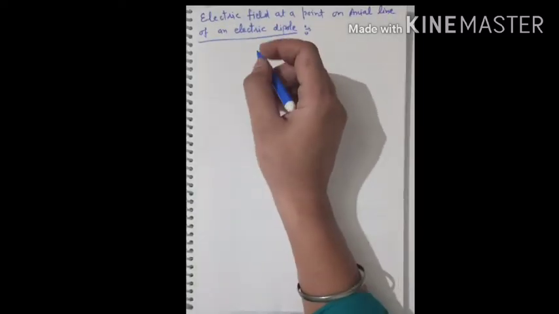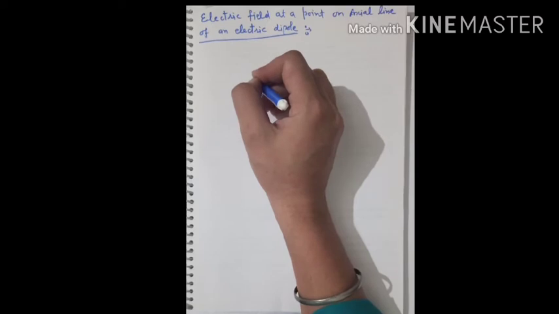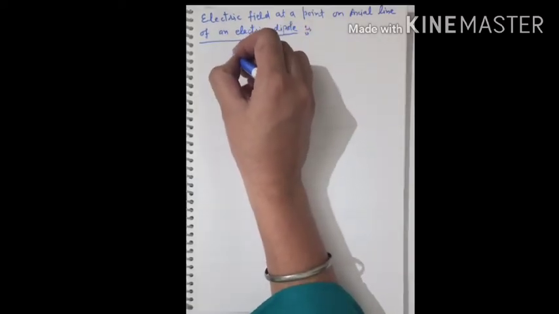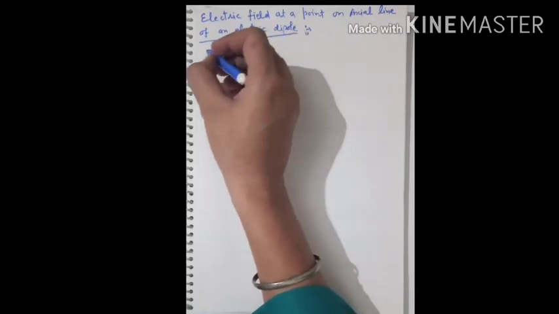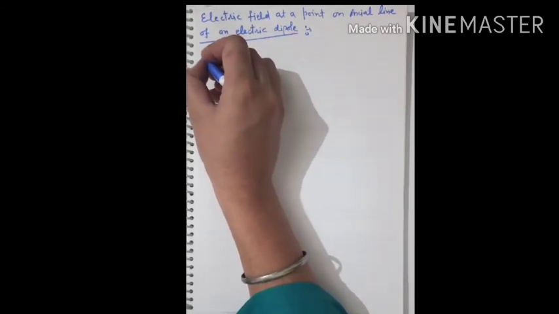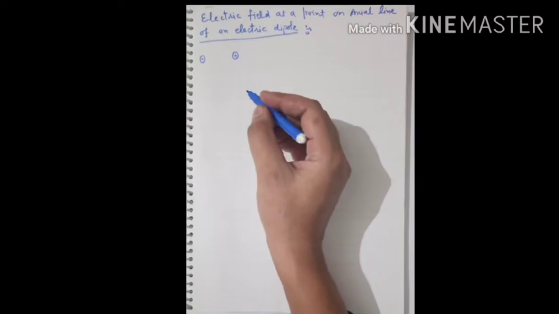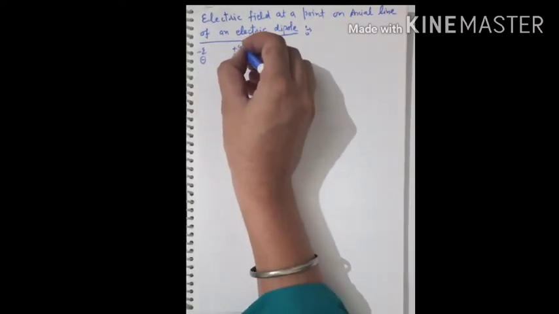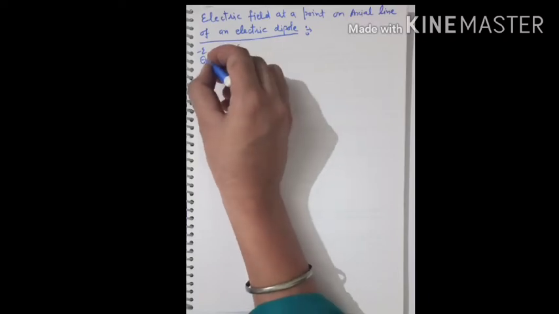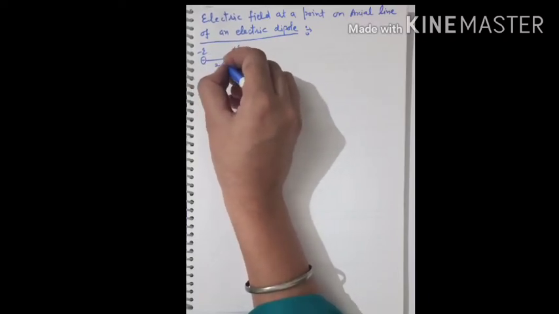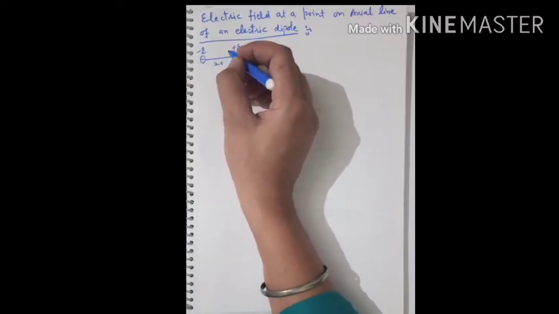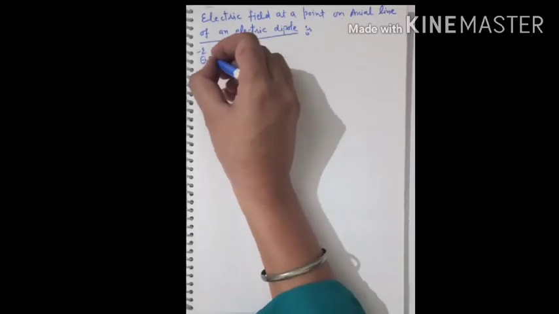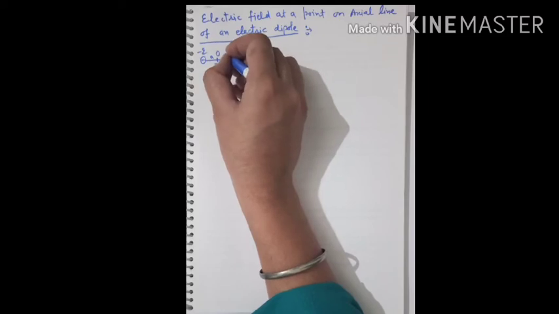Next is the electric field at a point on the axial line of an electric dipole. Consider an electric dipole, a pair of equal and opposite charges, negative and positive, minus q and plus q, separated by distance 2a. Here is the midpoint O. The distance from O to each charge is a.